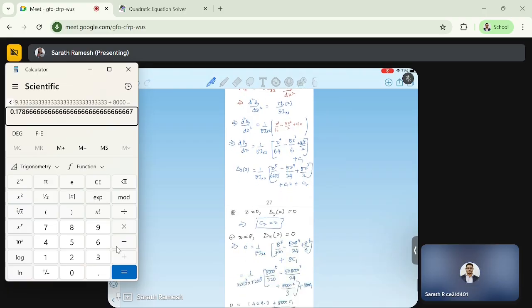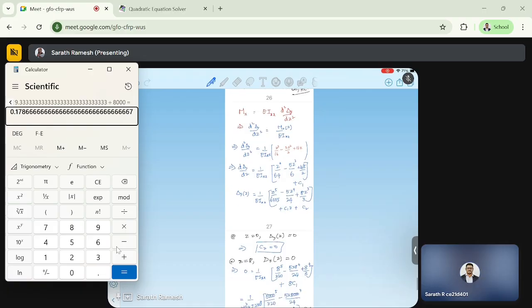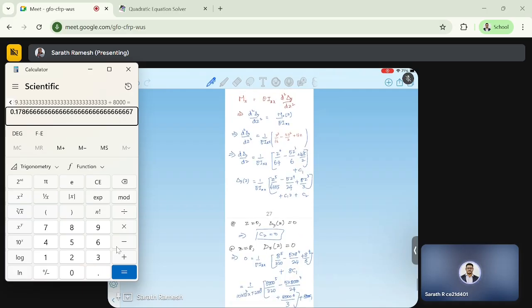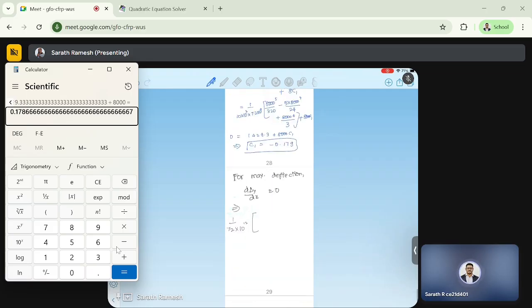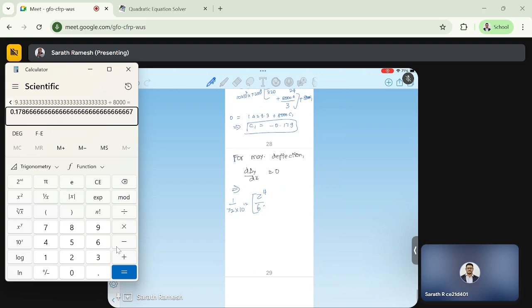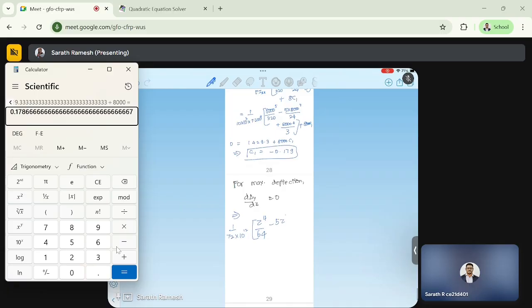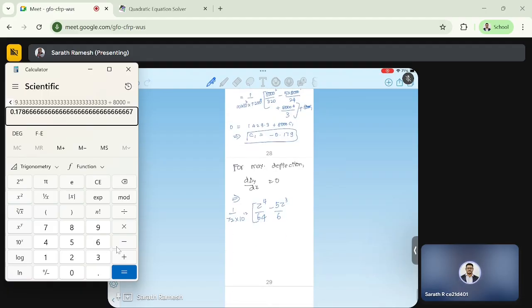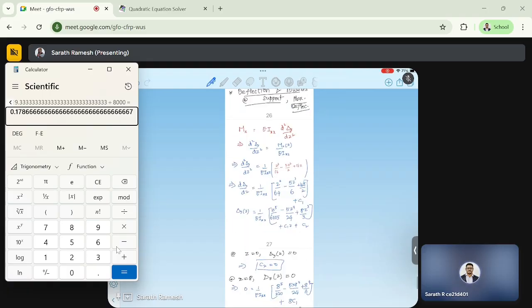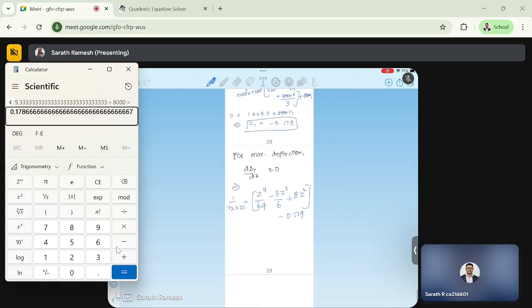This is what I'm writing into Z. Okay, so a fourth order equation. 1 by EI, Z power 4 by 64 minus 5Z cube by 6 plus 16Z square by 2, that is 8Z square, minus 0.179 equal to 0.